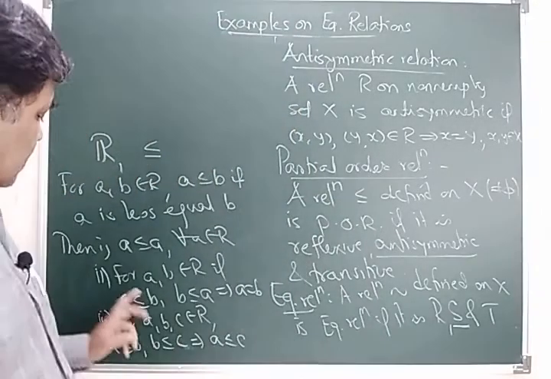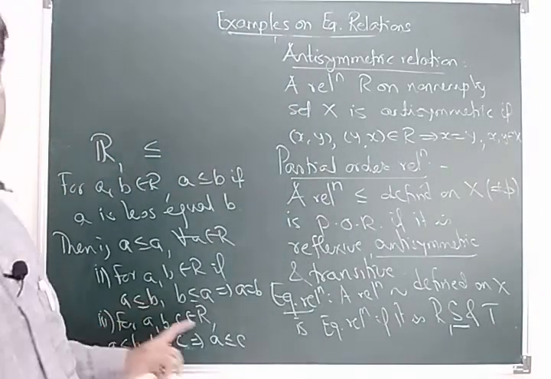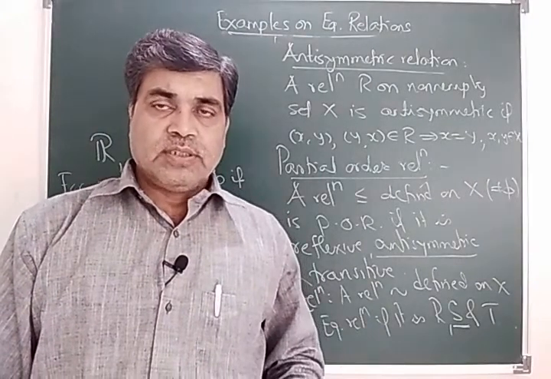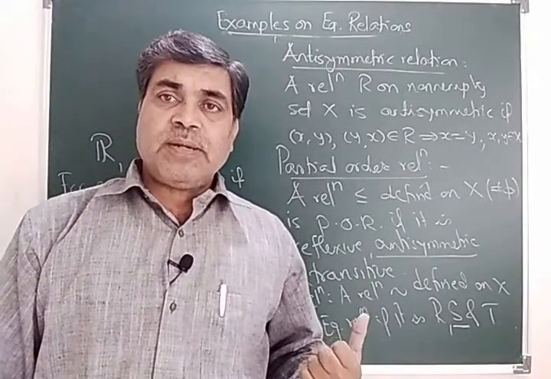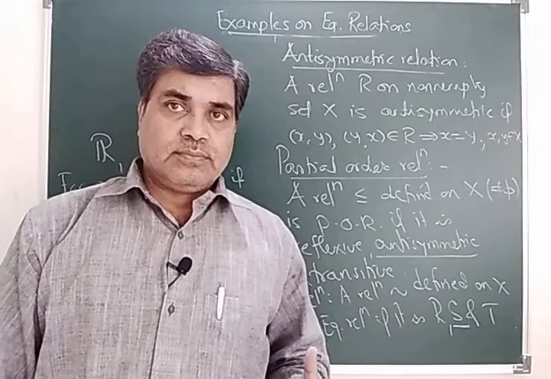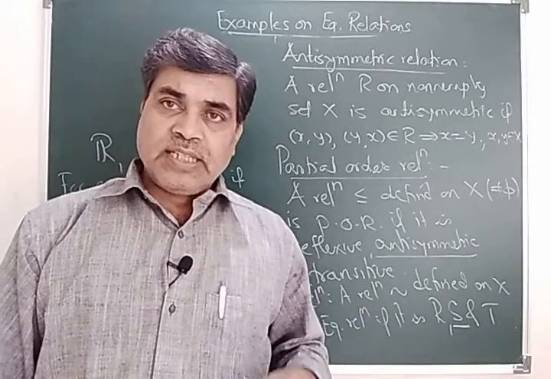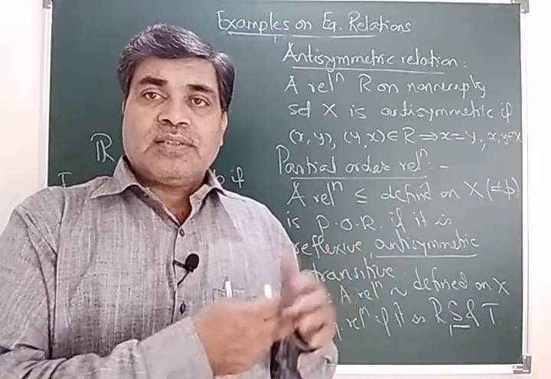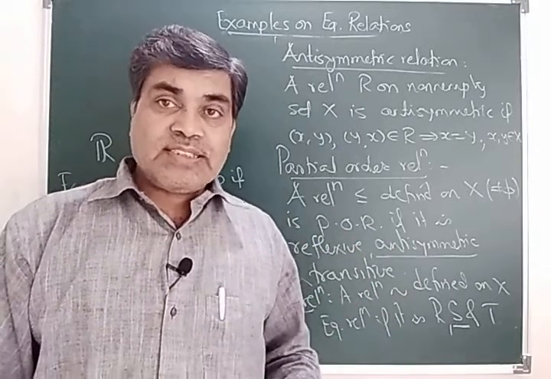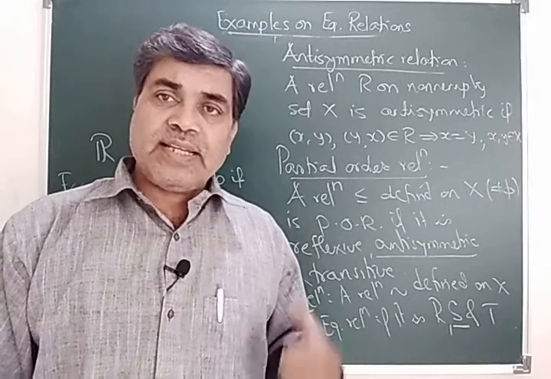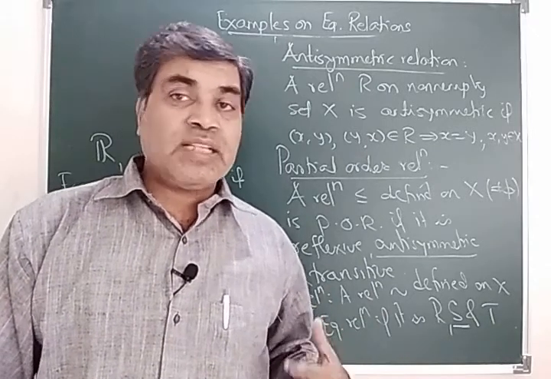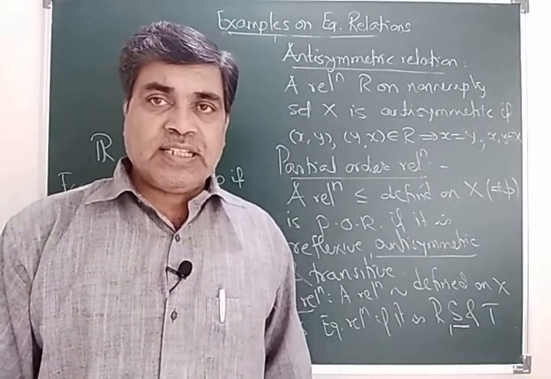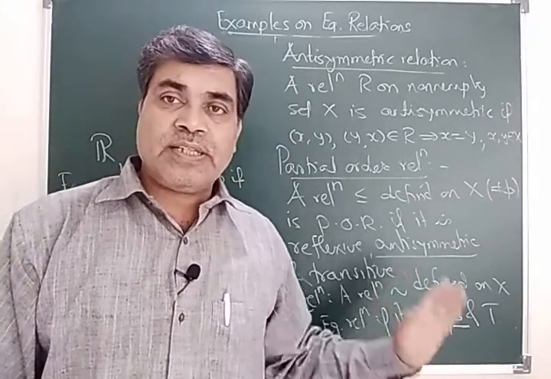Note, this relation is antisymmetric, which is not symmetric. If I take the pair 2, 3, then 2 is less equal 3, but 3 is not less equal 2. That means (2, 3) lies in this relation, but (3, 2) is not there, therefore it is not a symmetric relation and hence it cannot be an equivalence relation.